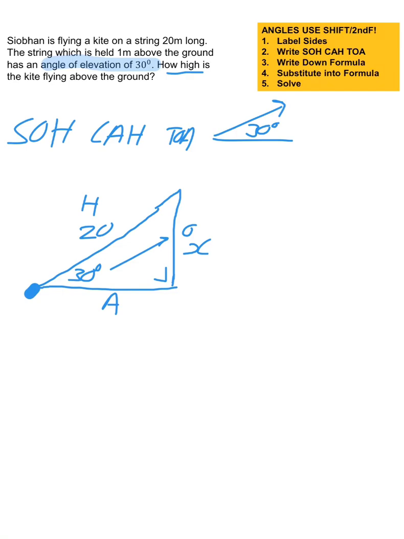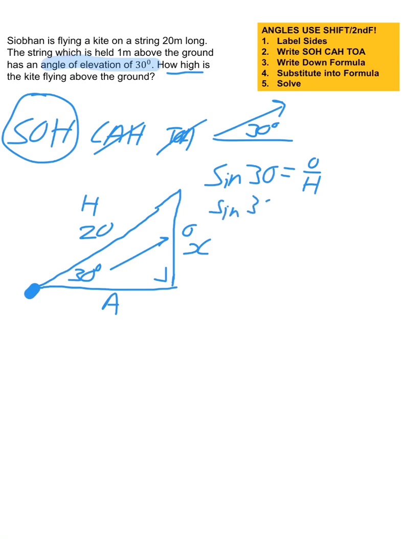So wherever there's an A, line through. So it's going to be sine. So sine 30 degrees is equal to the opposite over hypotenuse. So sine 30 degrees is equal to x over 20.